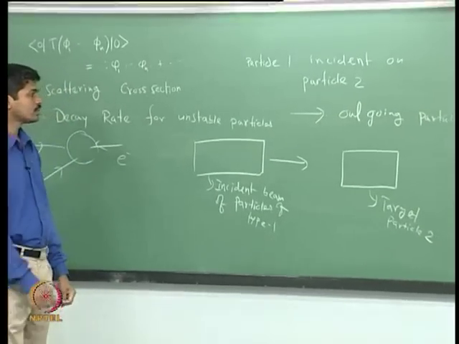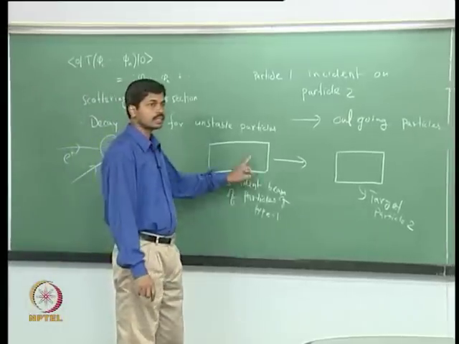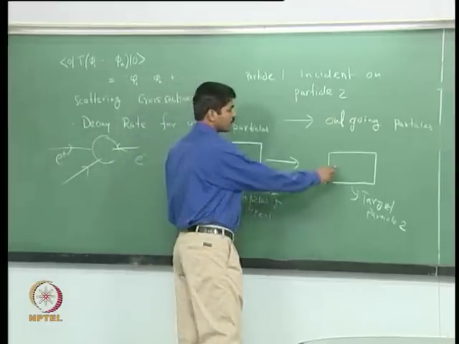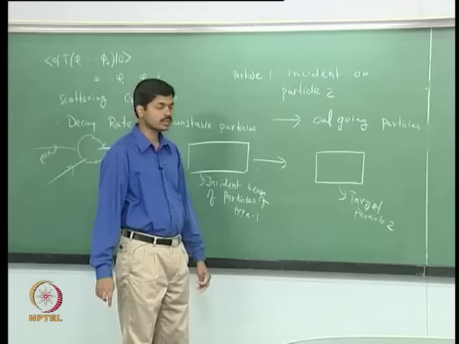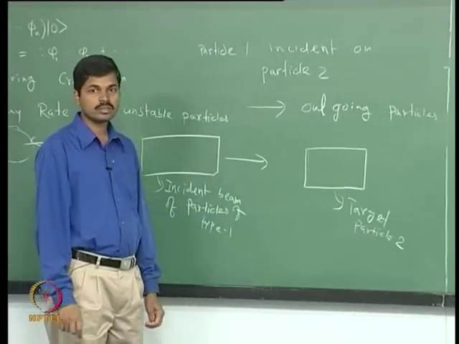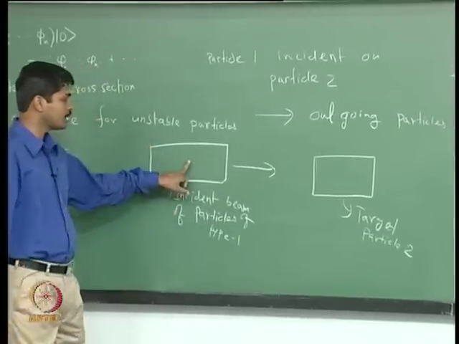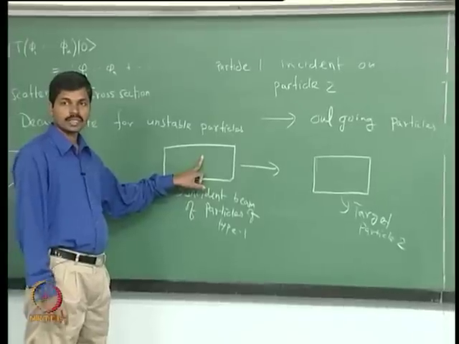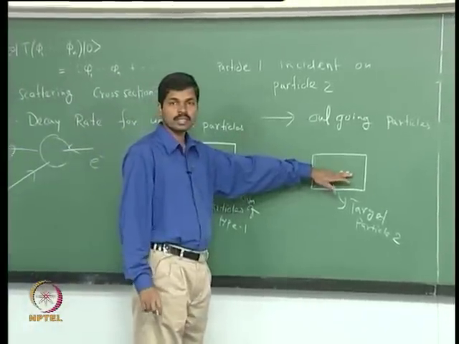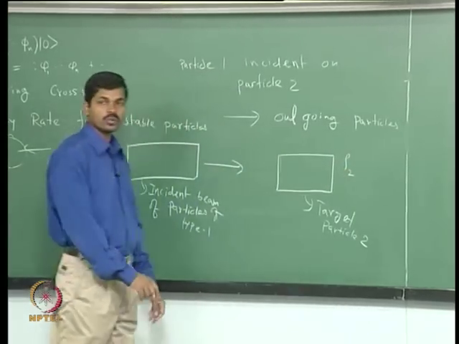What you need to know is the number of scattering events in this process. Naturally, there will be more events if this target is very dense. More scattering events will also come out if the incident beam is very dense. So, the number of scattering events naturally depends on the density of the target, which I will call rho 2.